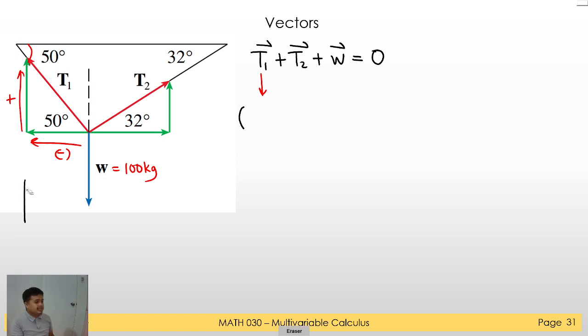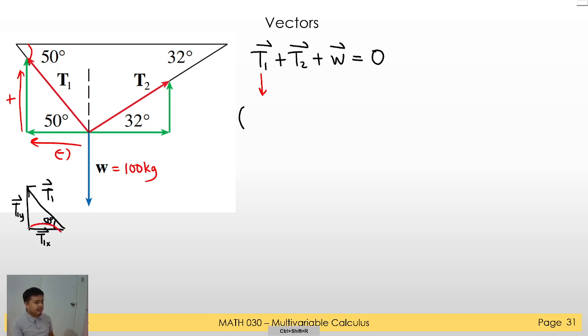Now we have this triangle that represents the resultant, or the sum of this vector T1. We have this 50 degrees, and we have the components of T1, let's say T1x and T1y. So this vector T1 has components T1x and T1y.